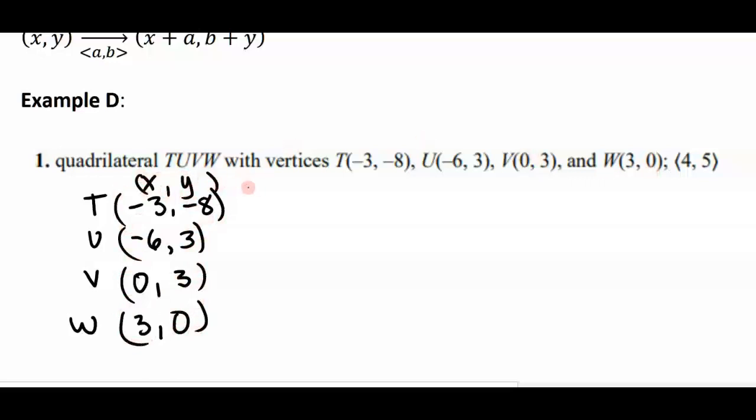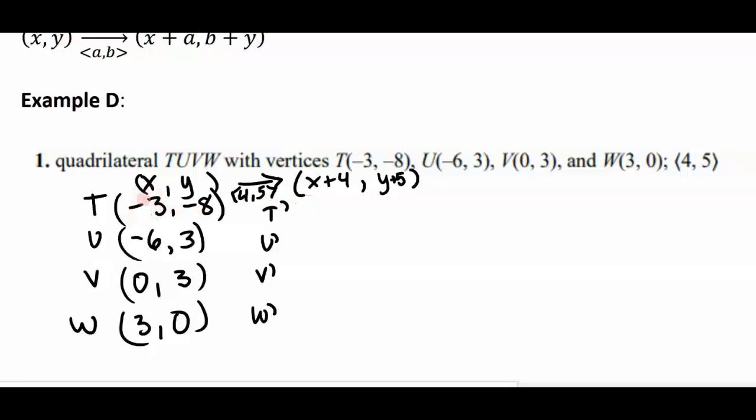And so my new value, when I'm translating by 4, 5, is going to be that initial x plus 4 and that initial y plus 5. So T prime, U prime, V prime, and W prime.